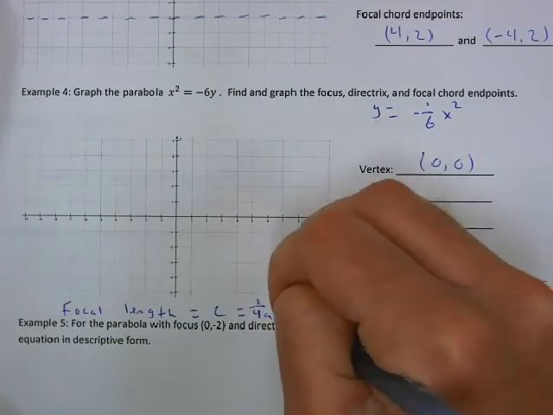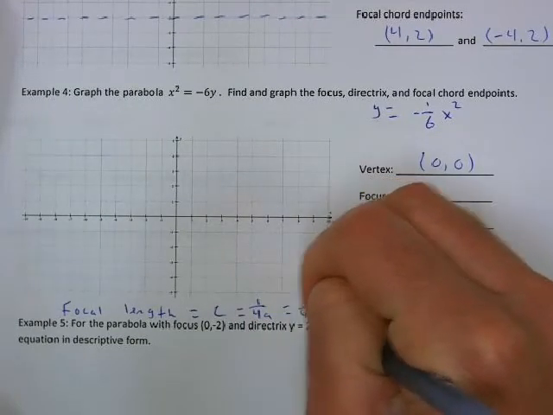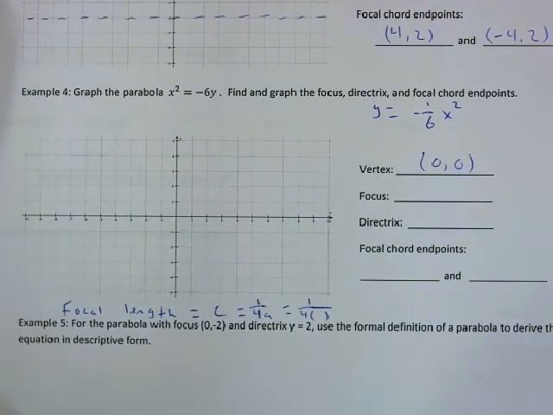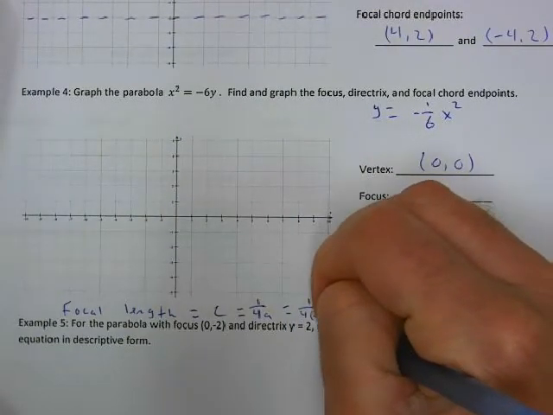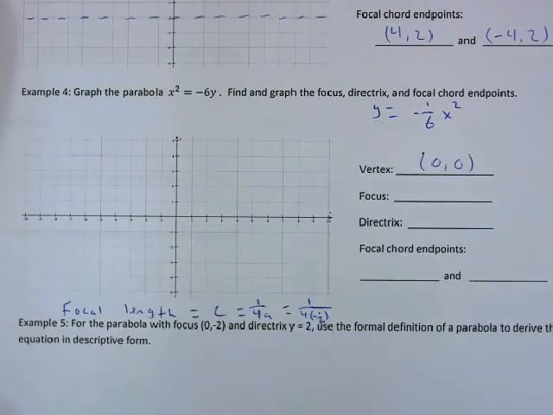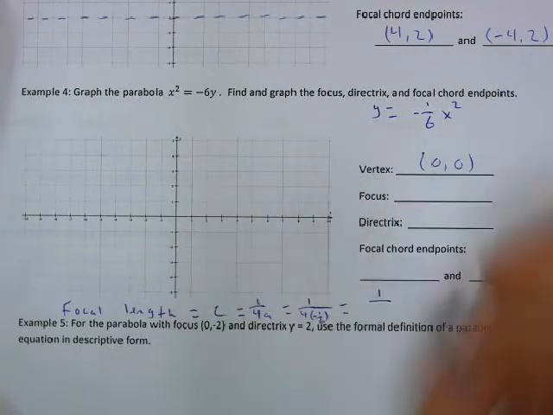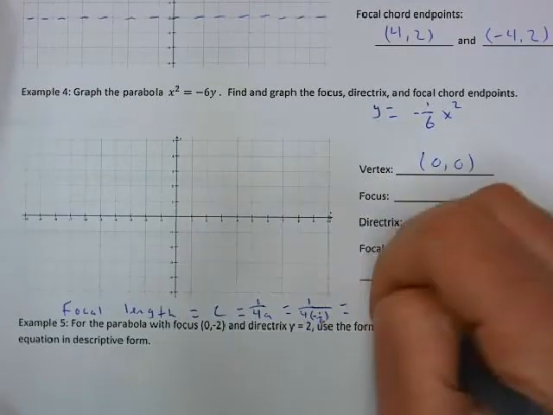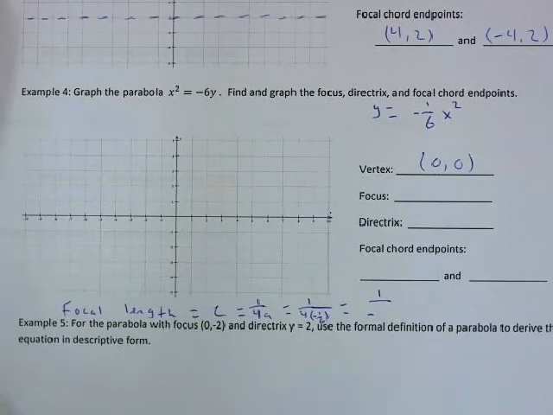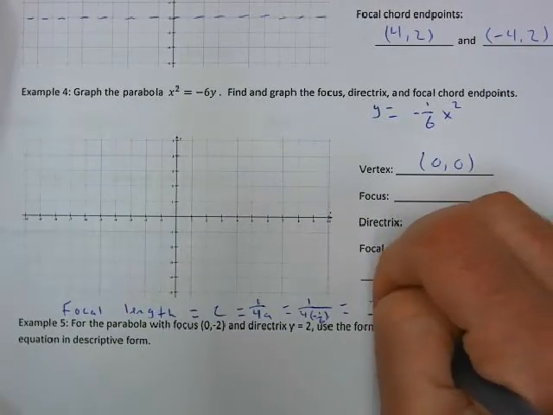So then that's going to be 1/4 times our A value, which is -1/6. So I got to write that kind of small. Again, that says 1/4 times -1/6, which is -4/6, which reduces to -2/3.